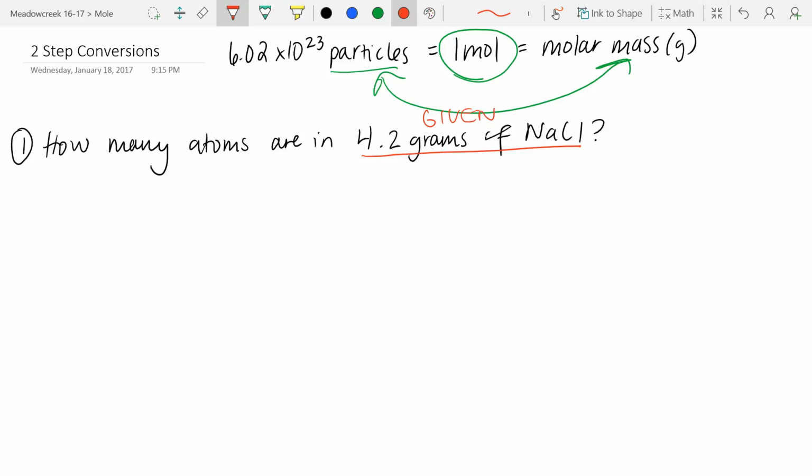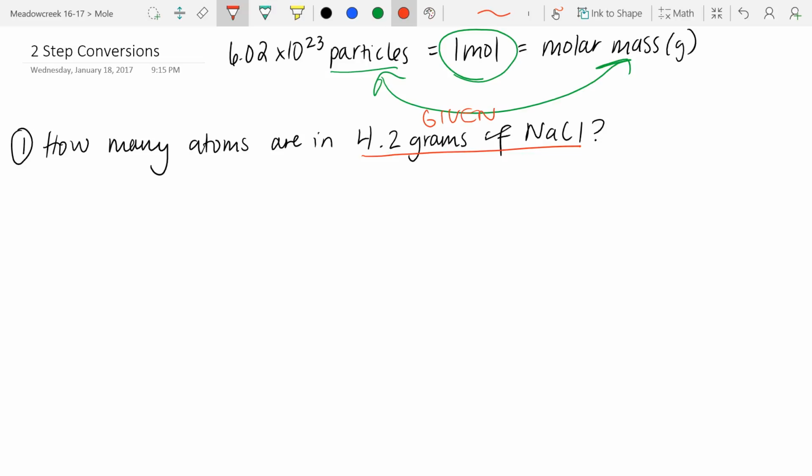But instead of going into moles, like we've been doing, and only using one of our factors, we're going to use both Avogadro's number and our molar mass in the same problem. Up until now, we've only used one or the other.